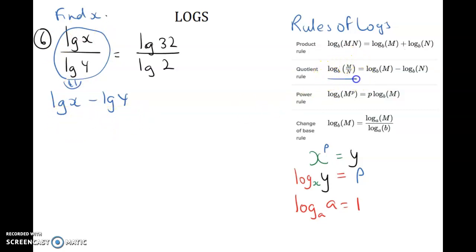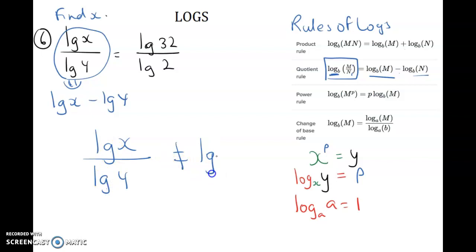Because one log with a division sign with two values would be equal to the log of one value minus the log of another value. Whereas in my sum here, I have log of x over log of 4. I have two sets of logs. This is not equal to log of x on 4. You all understand that, right? So I hope that you do. So please note, I will not proceed with this. This is wrong. So let me go to what I will do.